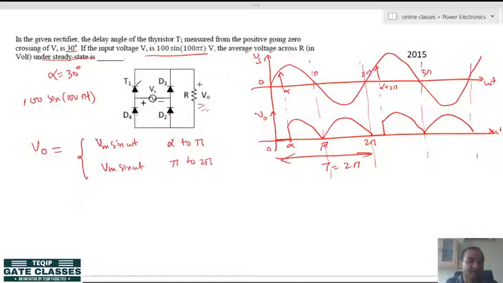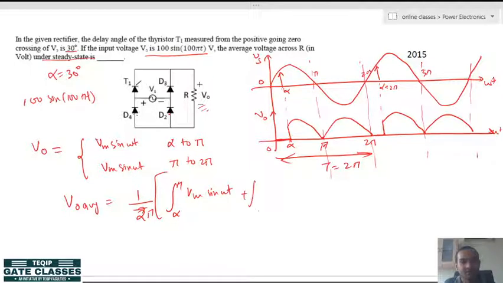So, just find the V naught average. It will be 1 upon 2 pi, and break the integration: alpha to pi Vm sin omega t plus pi to 2 pi Vm sin omega t.